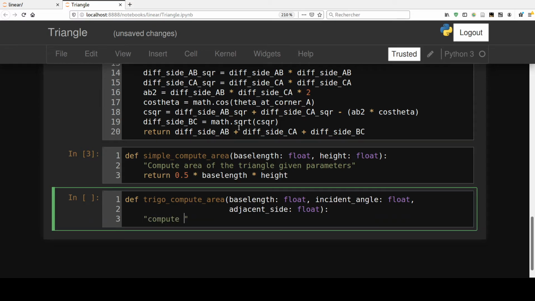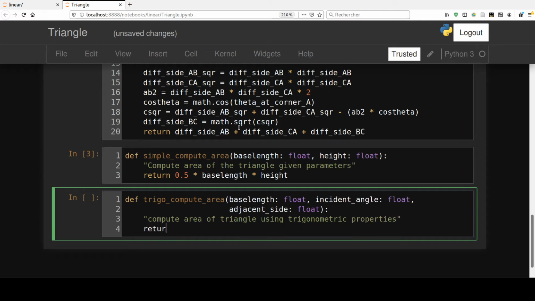Compute area of triangle using trigonometric properties. It's more or less the same formula.